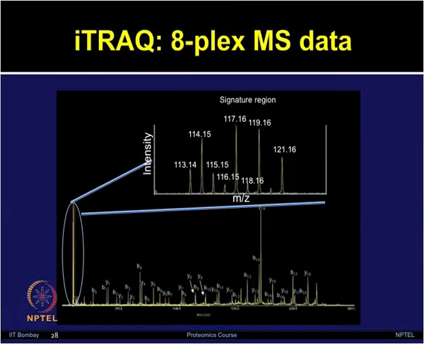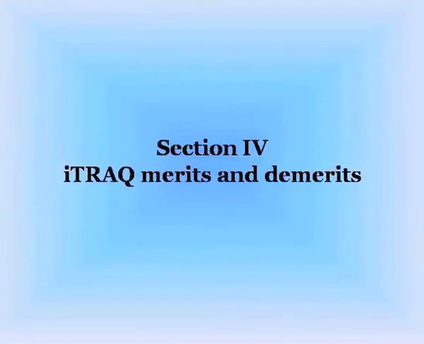In the MS/MS spectrum, here we are showing the reporter region signature of an 8-plex iTRAQ reagent showing 113.14, 114.15, 115.15, 116.15, 117.16, 118.16, 119.16 and 121.16 reporter ions.